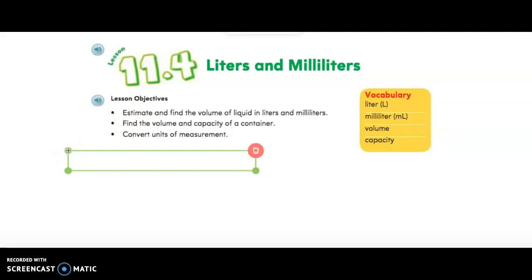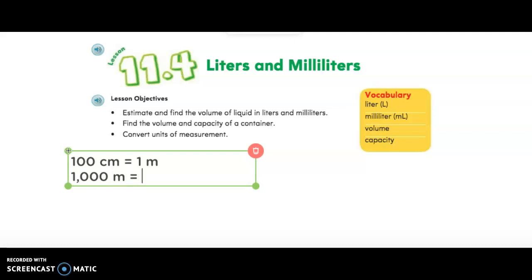Now, before we begin, I wanted to recap what we've done previously, so that way we can start seeing this trend. So far we've learned that 100 centimeters equals 1 meter. And then we learned that 1,000 meters equals 1 kilometer. And then we learned that 1,000 grams equals 1 kilogram.